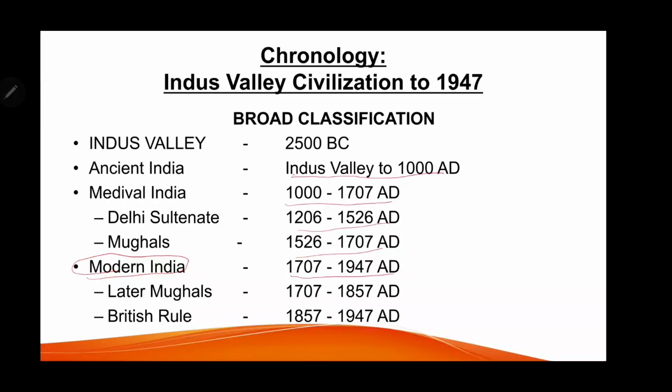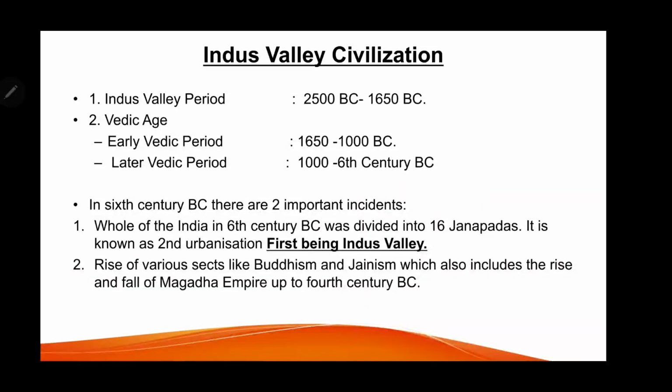It is further divided in two blocks. One, later Mughals, which is from 1707 to 1857. And the second is the British rule 1857 to 1947. So this was the broad bifurcation of the Indian history.